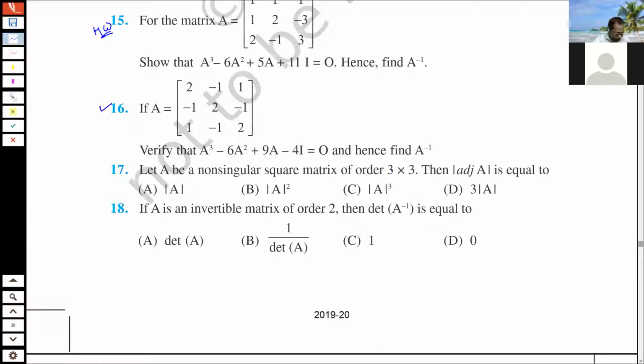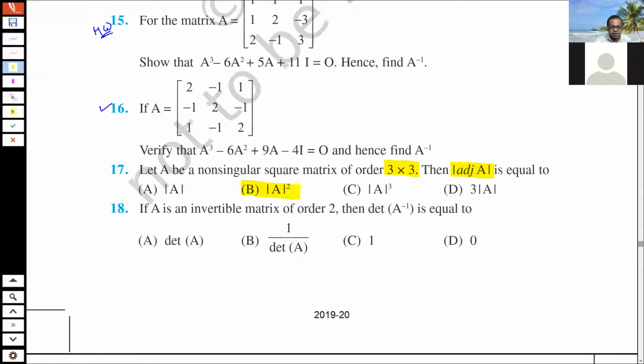So look here, we have a matrix of the order 3 by 3. Then determinant of adjoint of A will be determinant of A raised to what? Raised to n minus 1.